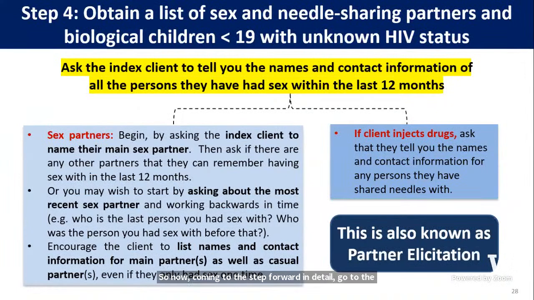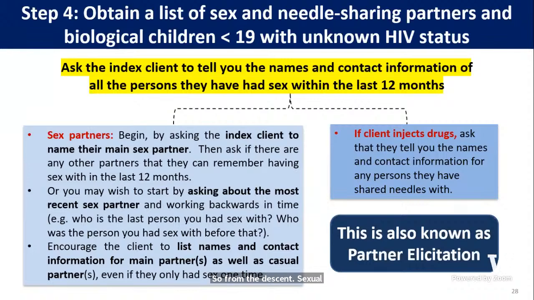So once we have the consent for reaching out to the partners, we will inquire about the partners' details. We will start with the latest partner and go back in time until the 12-month period. We will inquire about all sex partners with whom the index client had sex in the last 1 year, from the recent sexual partner back in time.